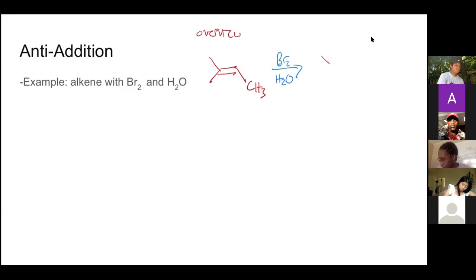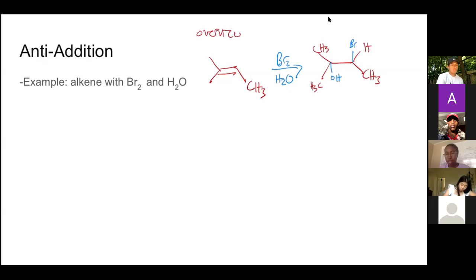And our product, I'm not drawing 3D structure this time, in the interest of time, is going to look something like this, where we do have our one bromine, but instead of having another bromine at the bottom down here, I'm going to draw in an alcohol group.